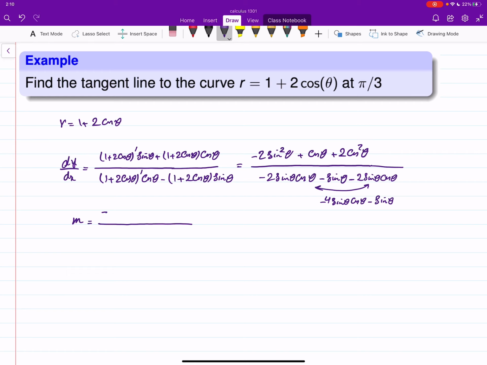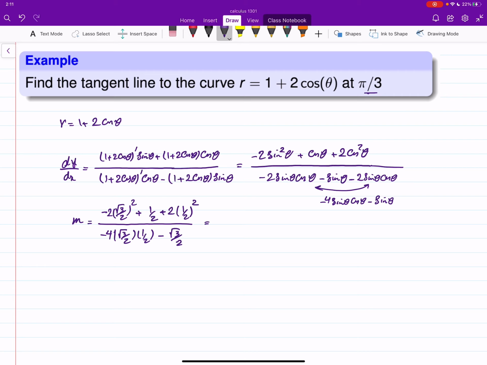negative 2 times sine of pi over 3, which is root 3 over 2, squared, plus cosine of pi over 3, which is 1 over 2, plus 2 times cosine, which is 1 over 2, squared. In the denominator, minus 4 times sine of pi over 6, which is root 3 over 2, times half, minus sine of pi, which is root 3 over 2. Okay?